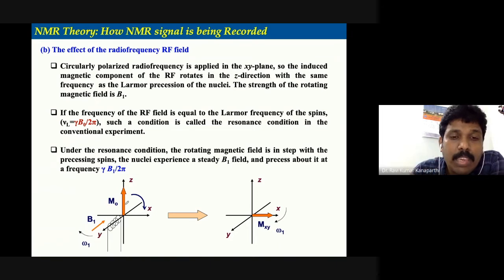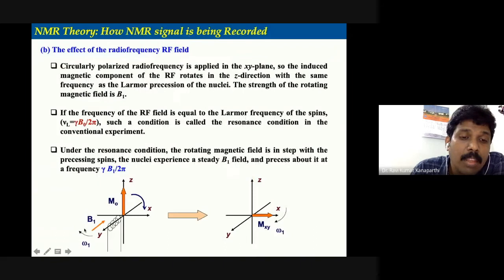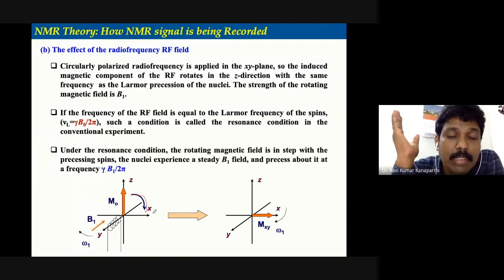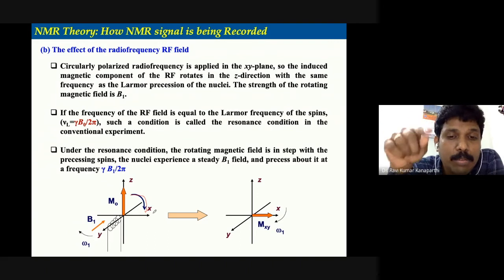When we have a resonance condition, something interesting happens. What is that? This net magnetization vector tips to a certain angle from its original direction, and then it starts rotating in that particular plane.